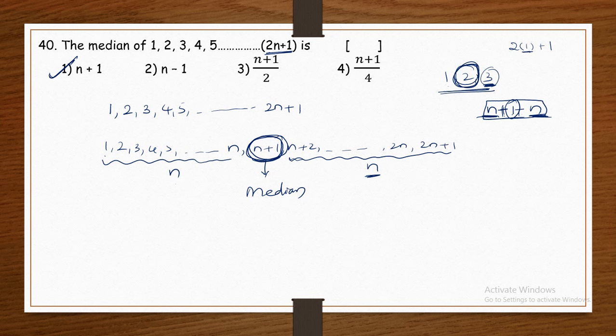When I add 1 to this 1, then I am going to get the value of the median as 2. Likewise we can find out the median of this particular data. So that 2n plus 1 I am going to split as n, 1 and n. Then in the middlemost value I am going to have only one observation, which is nothing but my median.